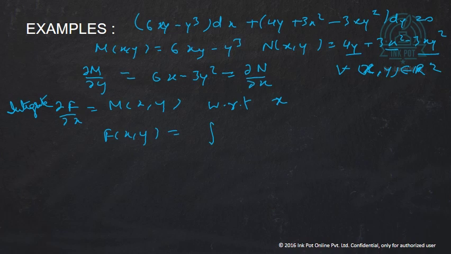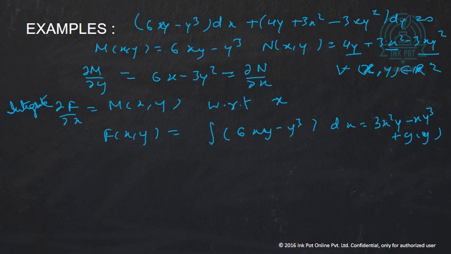is equal to the integration of (6xy minus y cubed) dx. So after integration we get 3x squared y minus xy cubed plus g(y). Because we are integrating with respect to x, we are treating y as a constant.